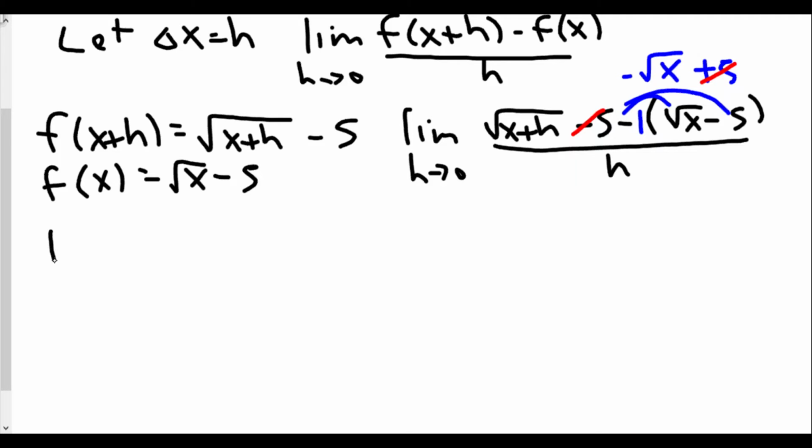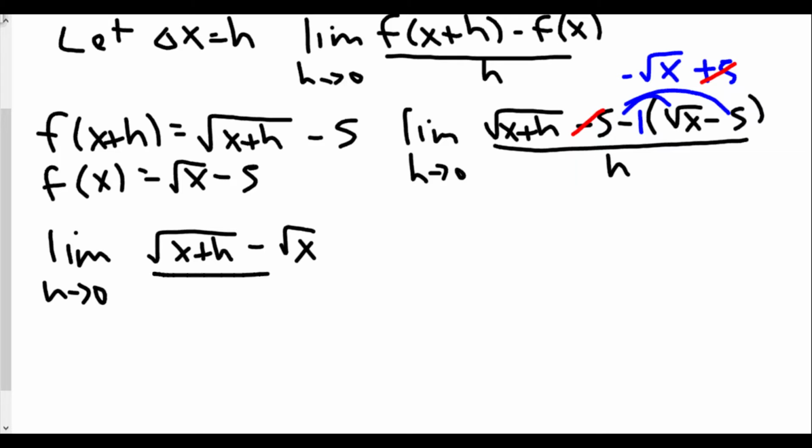Now this becomes the limit as h approaches 0 of the square root of x plus h minus the square root of x, all over h. If we plugged in 0 now, we would get a 0 over 0 situation. So we're going to simplify this using a technique we learned before, especially when we have a binomial involving irrational radicals.